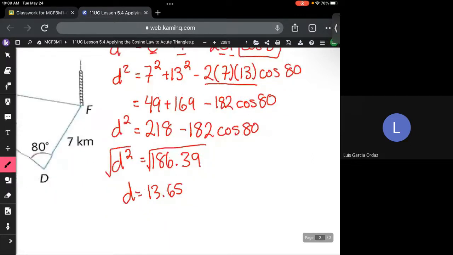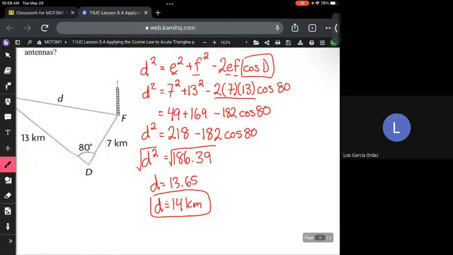So if we round it up, we round up to 14. So therefore, the antennas are 14 kilometers apart.